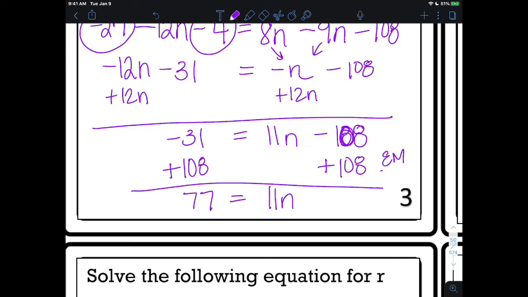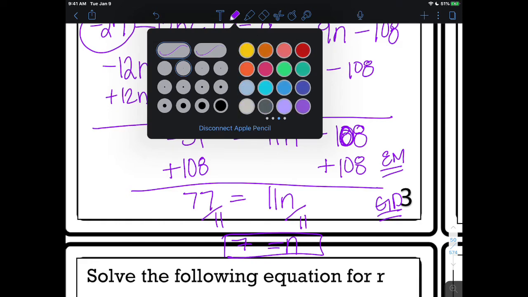So that was my exciting move. Let's do great divide. N equals 7. All right, good job. Let's keep going.